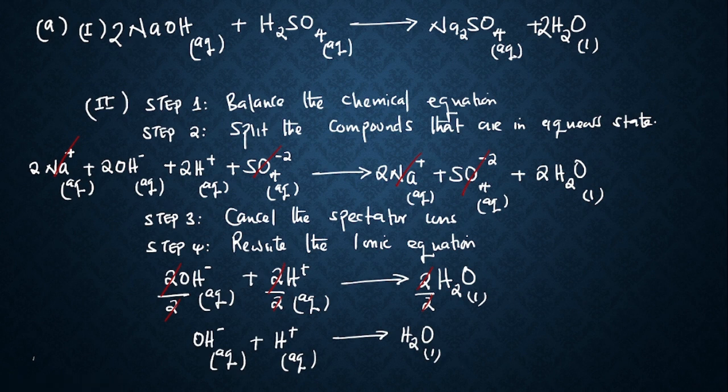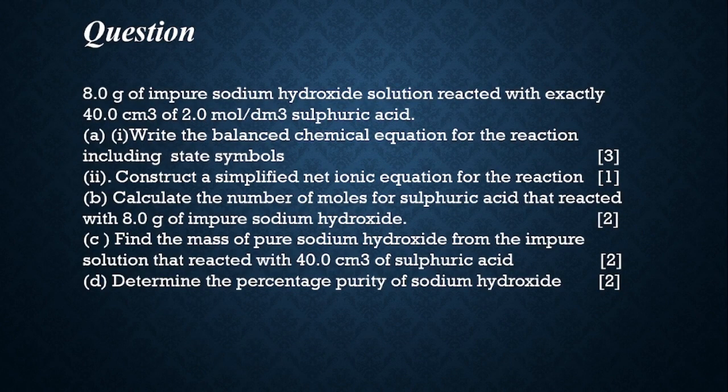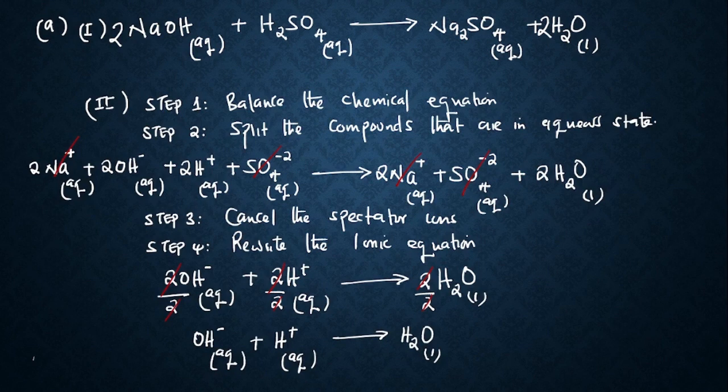We continue to the next question. We are told to calculate the number of moles of sulfuric acid that reacted with the 8.0 grams of impure sodium hydroxide. So we'll focus on the balanced equation.